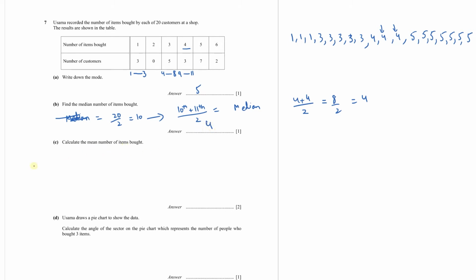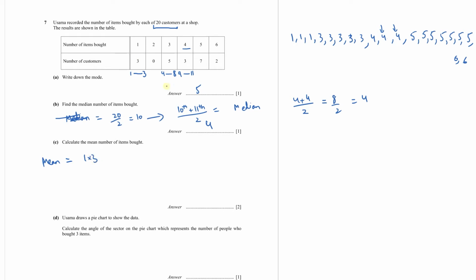Calculate the mean number of items bought. Your mean will be the sum of all these. I have to write 6 as well here. So 6 appears 2 times. Your mean is the sum of all this divided by 20, because your total number of customers was 20. Or if you don't have these written out, you can simply multiply each value with its frequency.